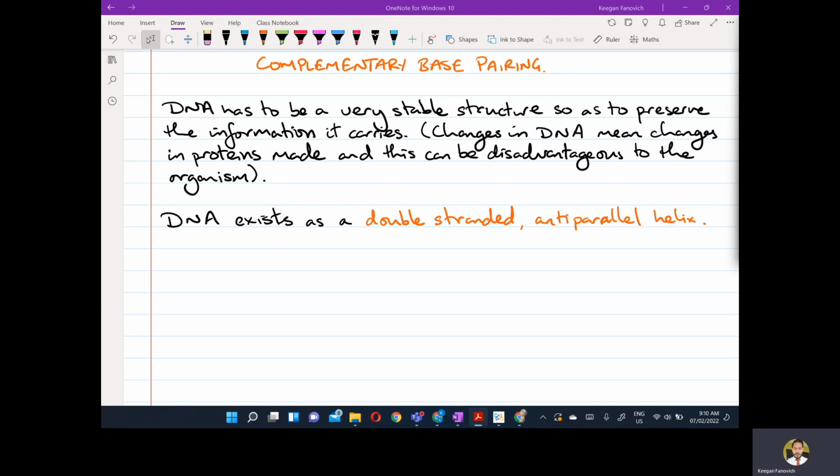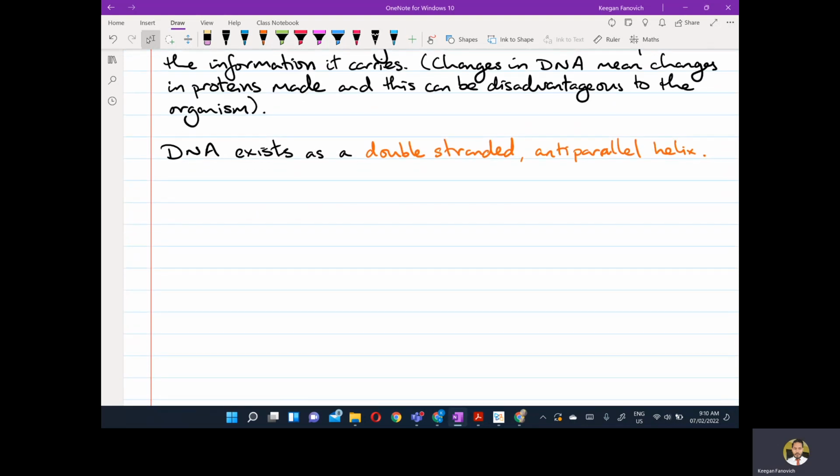Okay, now first up, before we go and start tackling all of this, let's start talking about the double-stranded aspect of it, right? And then we'll talk about the antiparallel aspect of it after. Now, for the double-stranded, so the DNA double helix, okay?